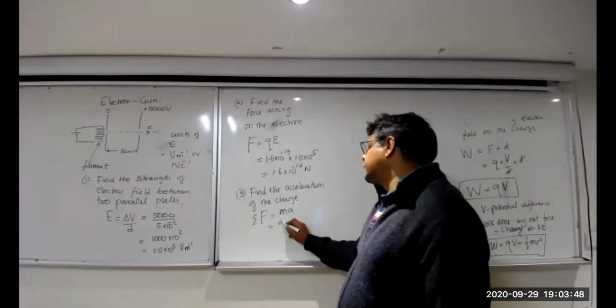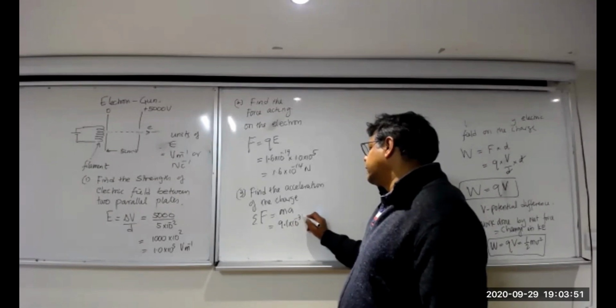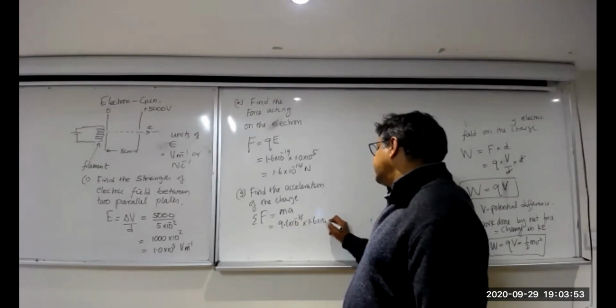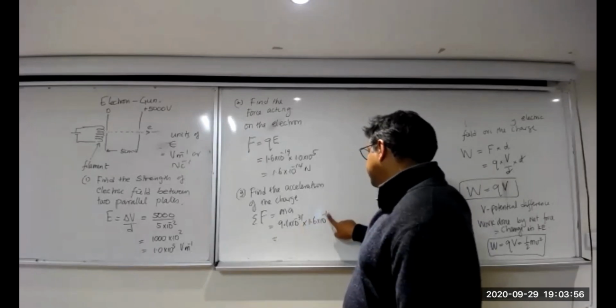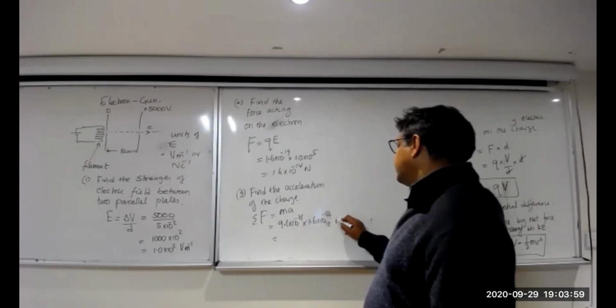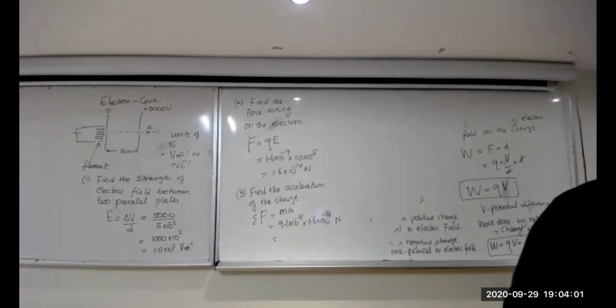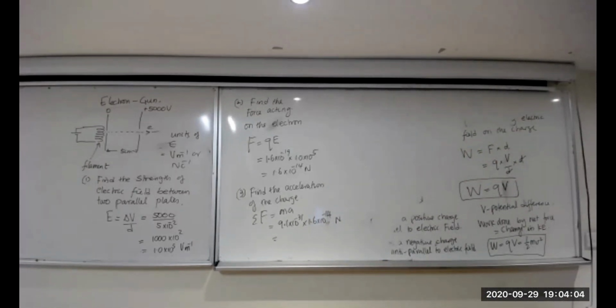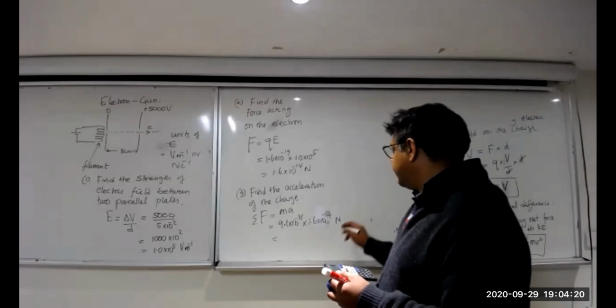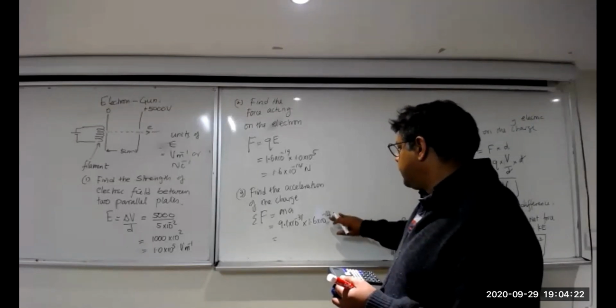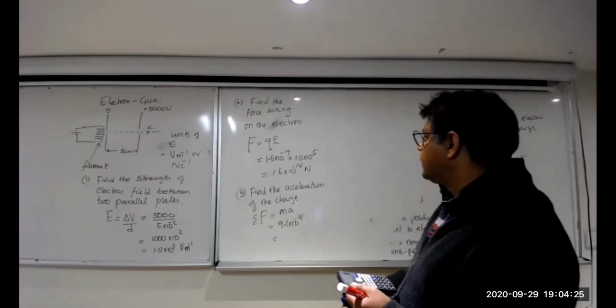The mass of an electron, guys, is 9.1 times 10 to the negative 31. Hang on, that's the mass.